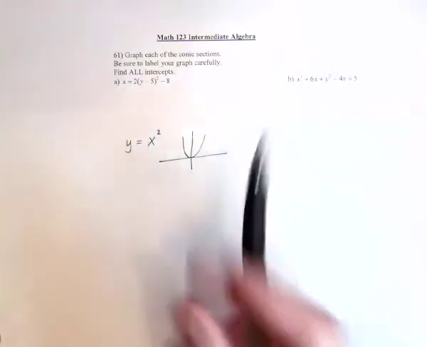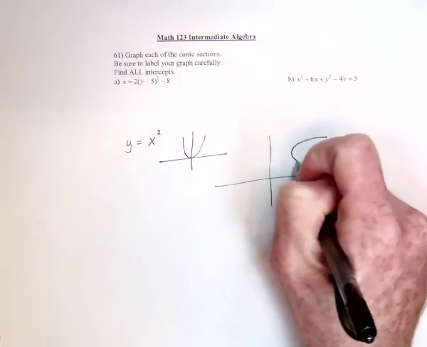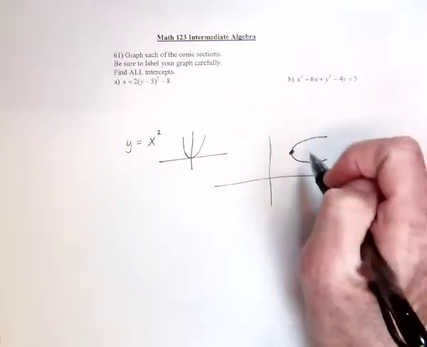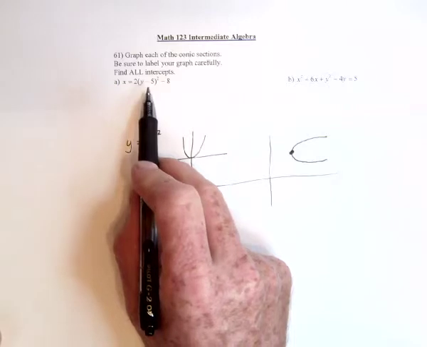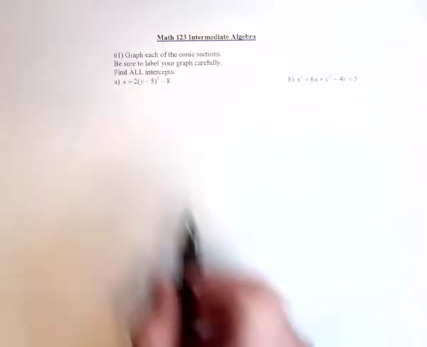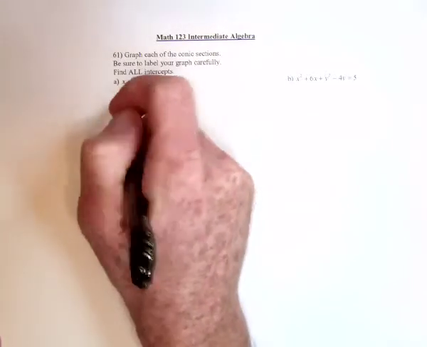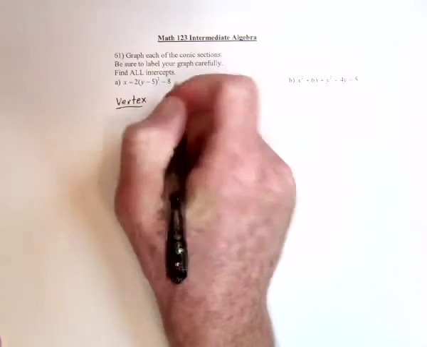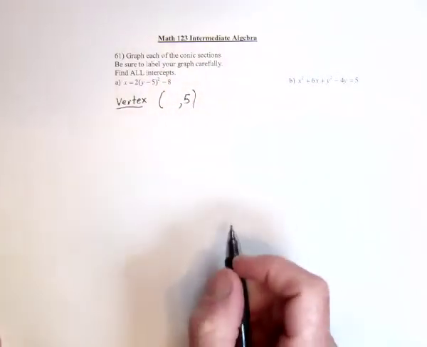Now, the other thing we need to know is, if it's going to the right, then where is the vertex? And this one, luckily, is in vertex form. So, you take what's in the parentheses, use the opposite of this number, and that will tell you the y value. So the y value is a 5.